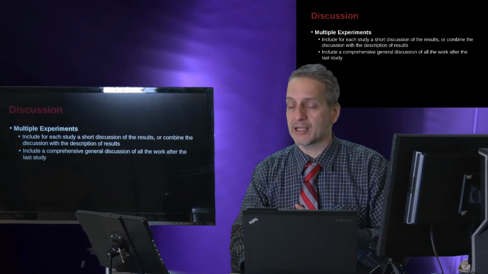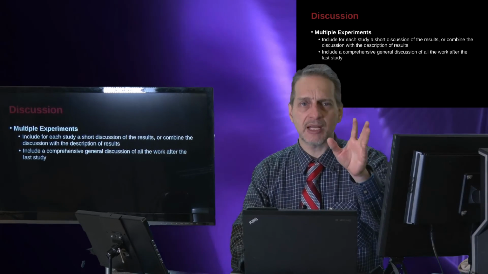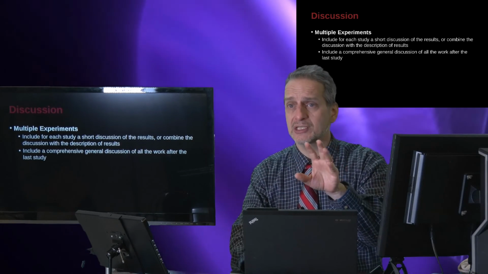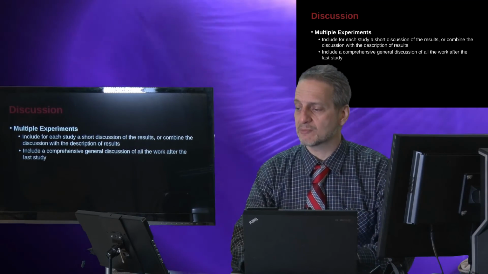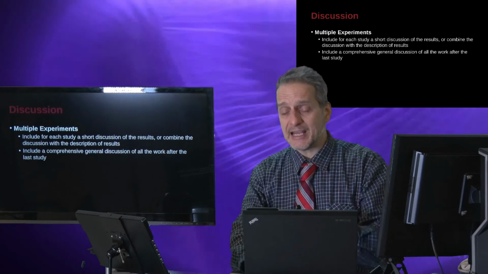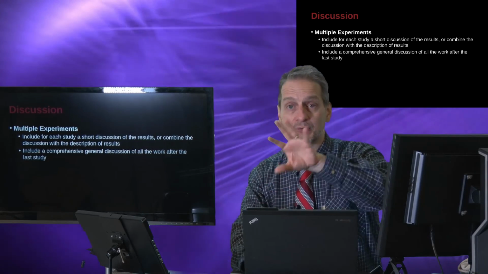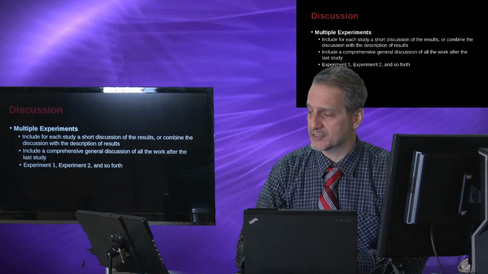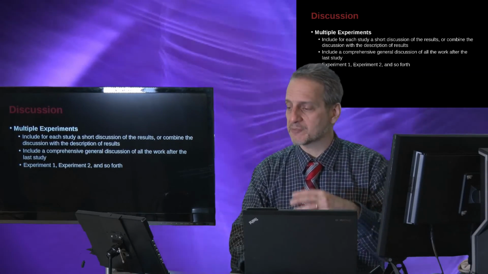Either way is acceptable, and I've done both ways. Combine them when they're really related, but sometimes experiment A and experiment B are very different situations, and so in my discussion, I first discuss A, and then I discuss B. But then after discussing A and B, now I need to have a little bit that brings them together, an overall discussion. So we may call that experiment 1, we may call that experiment 2, experiment 3, and so on.